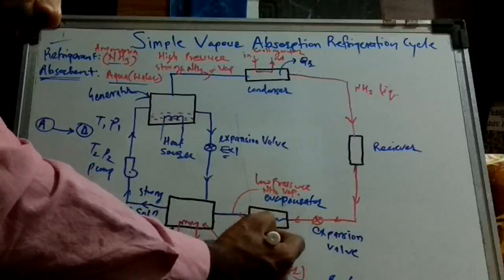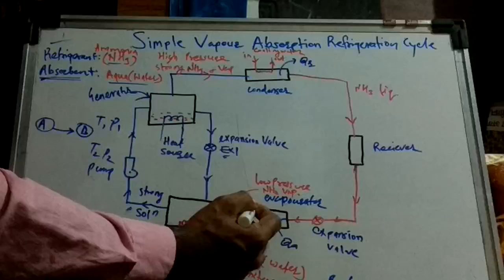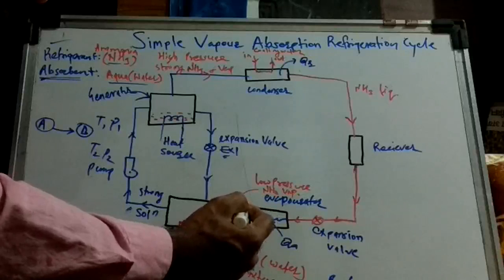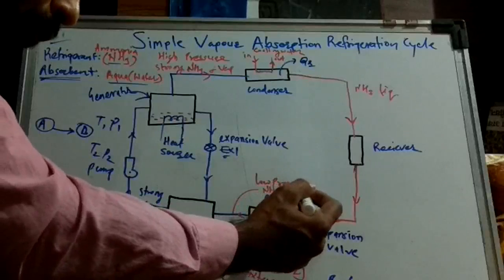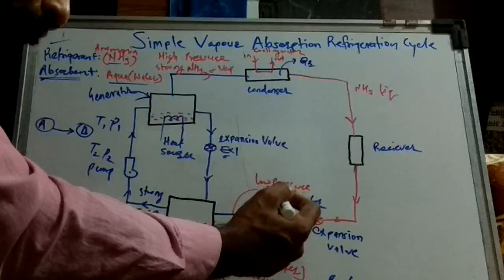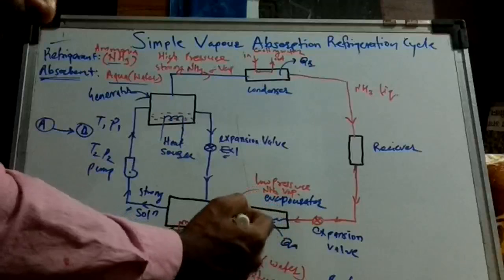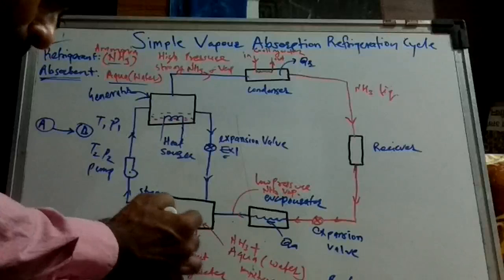So the cooling effect will be generated here, and the refrigerant at the outlet of the evaporator will be in vapor form. That is low pressure vapor NH3, ammonia. That ammonia refrigerant will then be drawn towards the absorber.